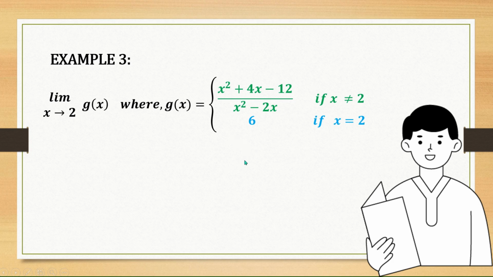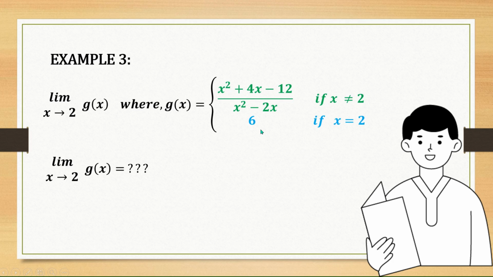Alright, but going back to our main topic, what could be the value of the limit of g of x as x approaches 2? Well, sir, if we plug 2 into g of x, just like what we did in the previous examples, that means the limit of g of x is equal to 6.